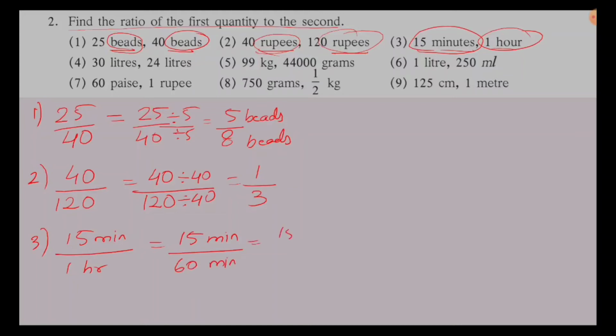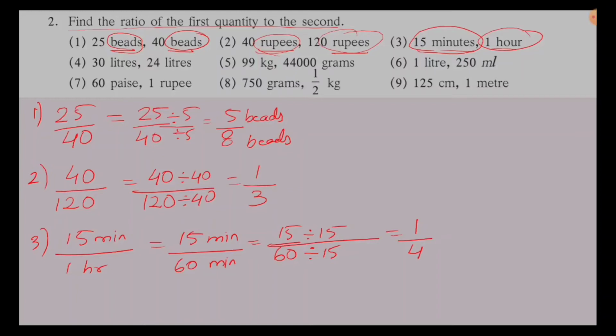The ratio will be nothing but 15 upon 60. Now we will be finding the HCF. The HCF will be 15 itself, so you have to divide it with 15. 15 divided by 15 will be 1 and 60 divided by 15 will be 4. The ratio will be 1:4.